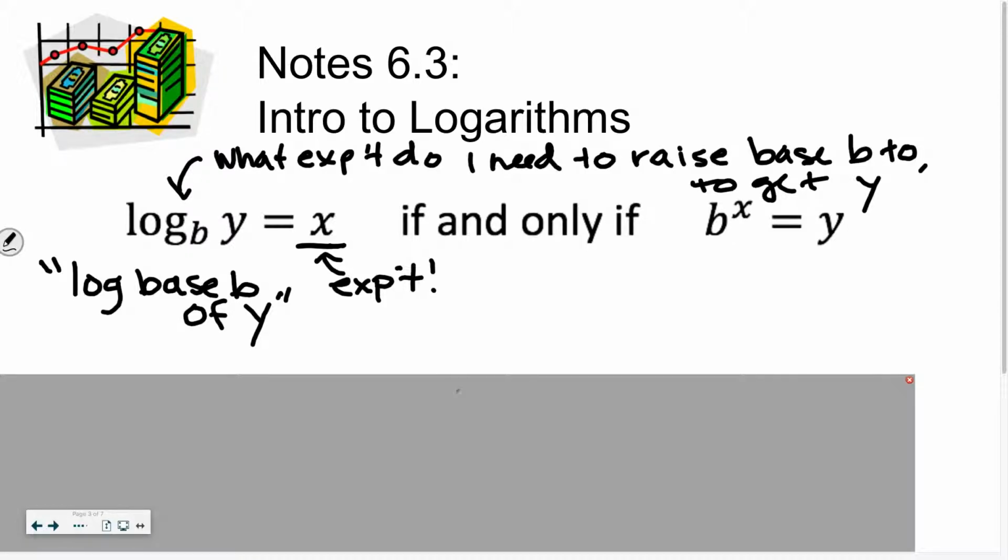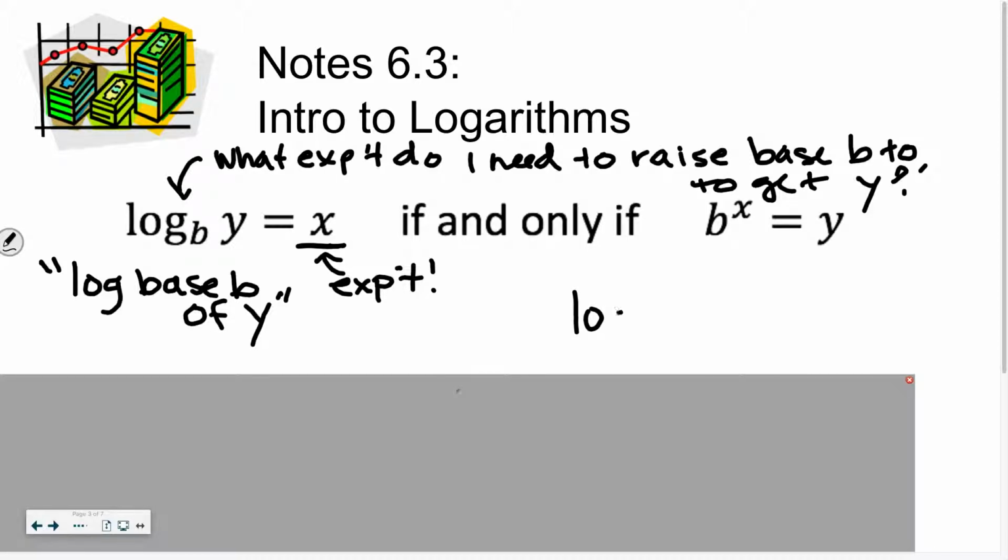What exponent do I have to raise base b to get the value of y? The answer to a logarithm is an exponent. If you could leave the room today with one little bit of information, I think that's a really good one. The answer to a logarithm is an exponent.